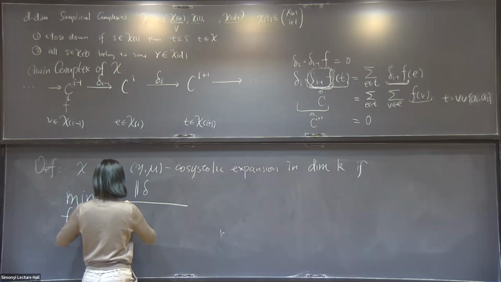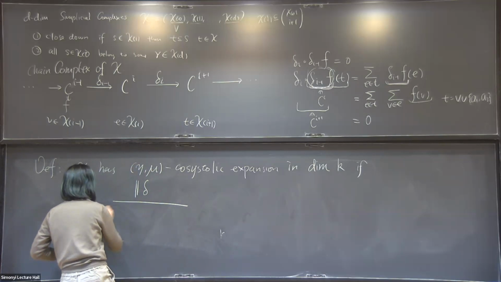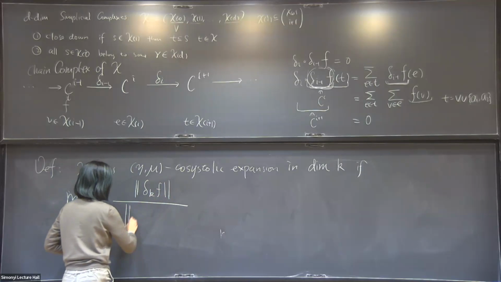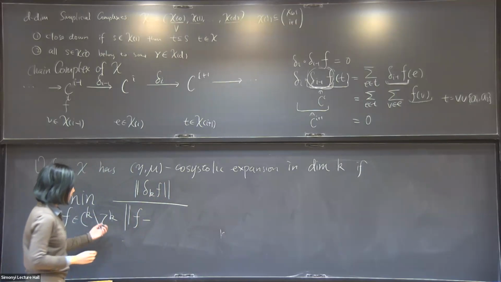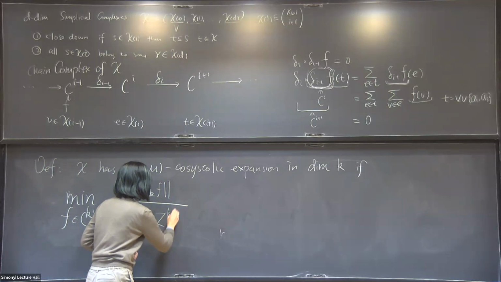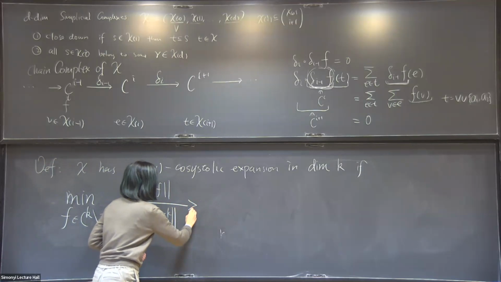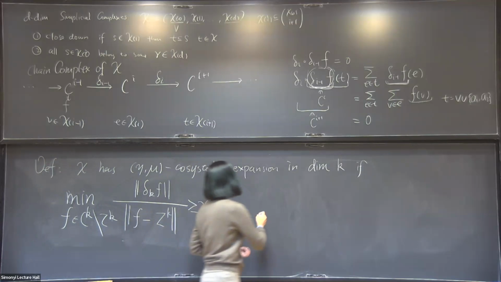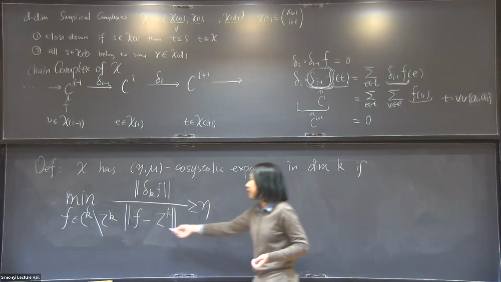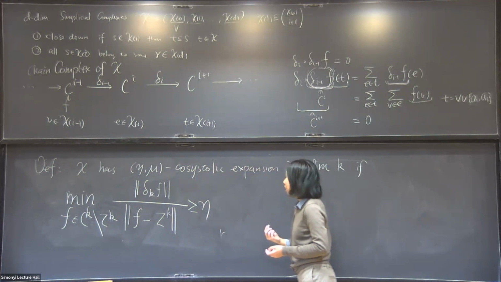So delta k of f over the distance from f to zk is greater or equal to theta. So this is the first requirement, just replacing bk with zk here.